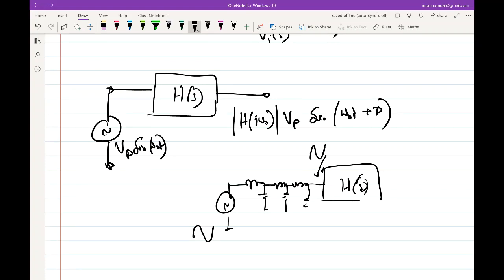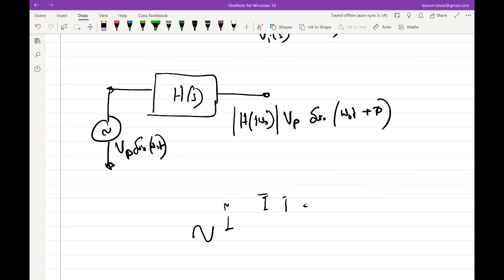It might be smaller in amplitude, it might be shifted in phase, but you are going to get a sinusoid. That is a property of an LTI system. That is why the sinusoid is a special function. E to the power j omega naught t is the eigenfunction of an LTI system. This is the physical meaning of that. That is the only type of input that you can give which retains its shape when it passes through an LTI system.